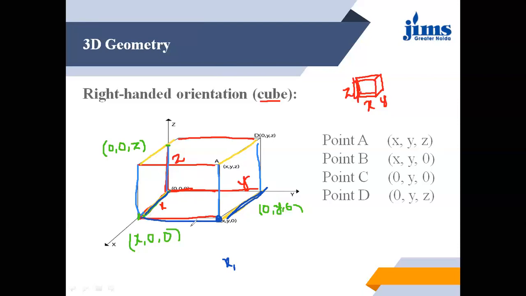It is y distance away from the x-axis, and on the same plane, meaning the value of z is 0. When I want to find out the value of this, it will be x in the x direction, 0 in the y direction, and z in the z direction.